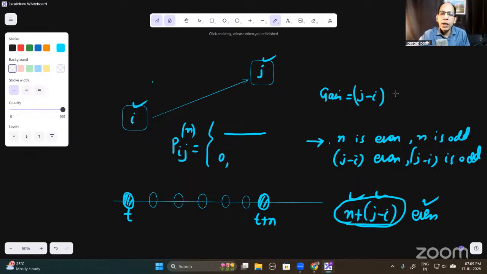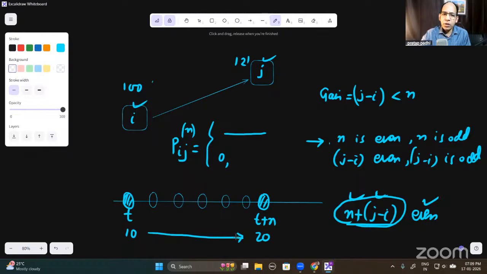This gain should be less than or equal to n, because suppose we want to make 100 to 121 in 20 moves... in 10 moves. How is it possible? Suppose I have wealth 100 and somebody says make it 121. Every time I either gain one or lose one, and 10 tosses are applied.